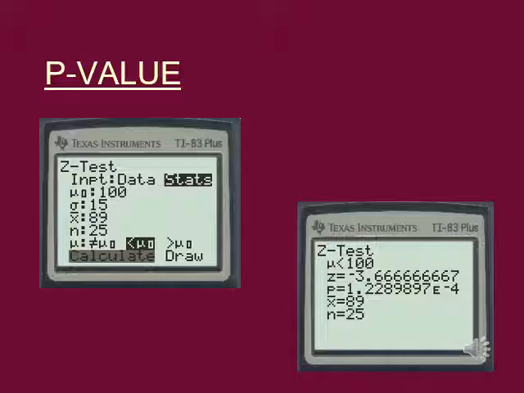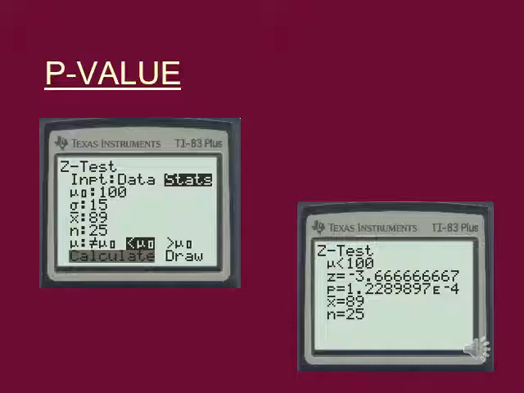Now, 25 is actually a small sample statistically, but I can do a z-test because I do know the standard deviation for the whole population. It appears that 89 is less than 100. That's why I've got less than highlighted on that not equal, less than, greater than line.